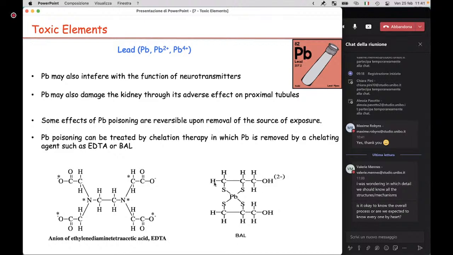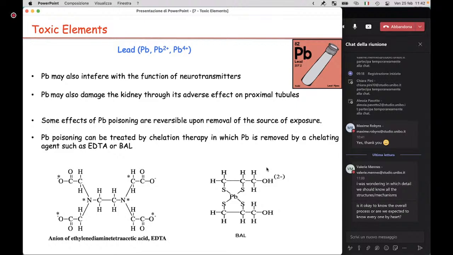This is 2 molecules of BAL. This is one, this is the other one. And in the middle, you can see lead. In this case, BAL has 2 thiol groups that can react with lead to produce another kind of complex. Chelation means formation of complexes, and this complex is quite hydrophilic and can be easily eliminated.